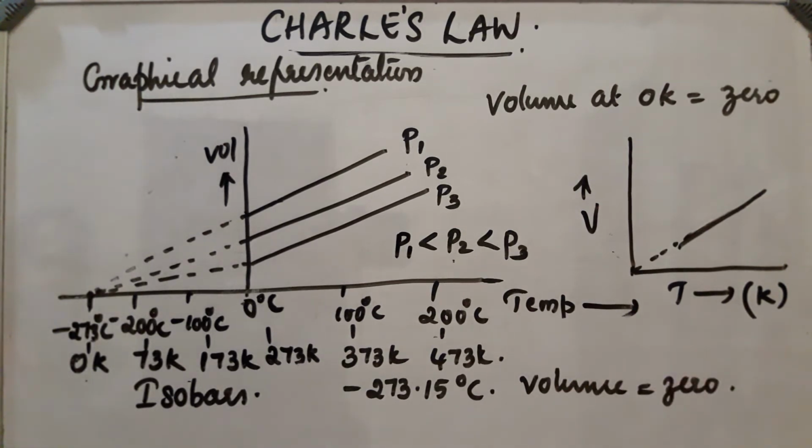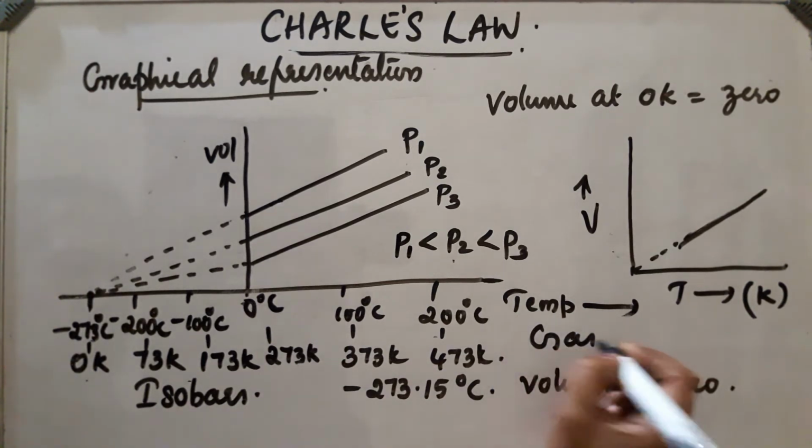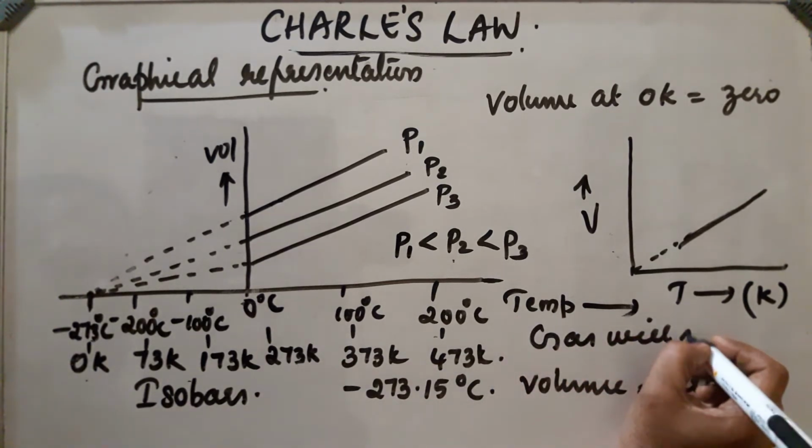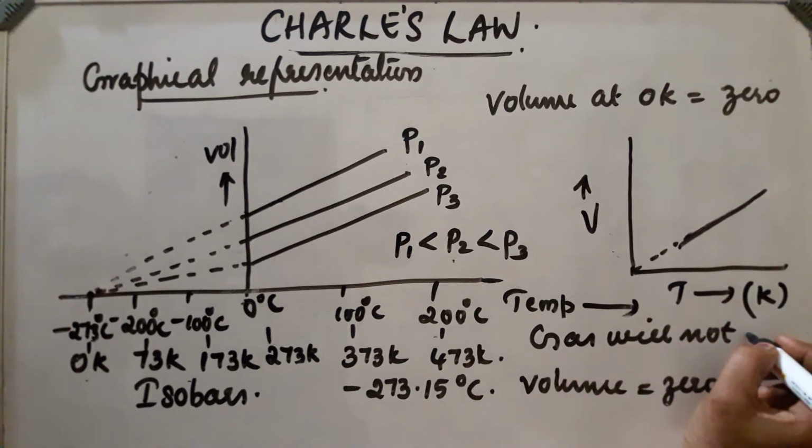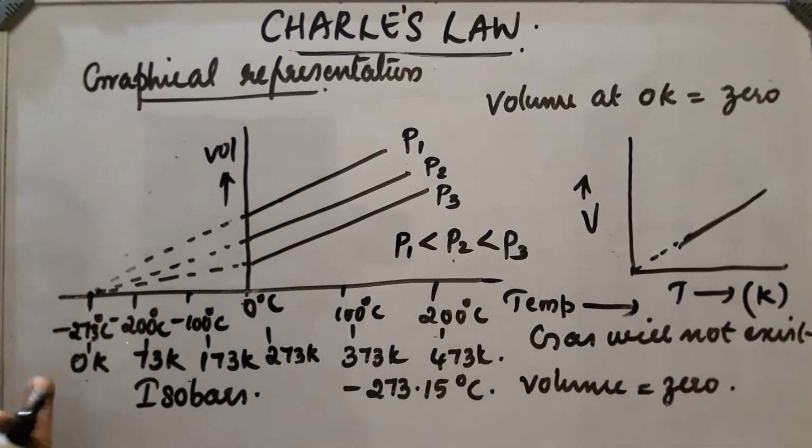So from this we can see that gas will not exist at this temperature. Gas will not exist at 0 Kelvin or minus 273.15 degrees Celsius, and before reaching this temperature, all gases get liquefied.